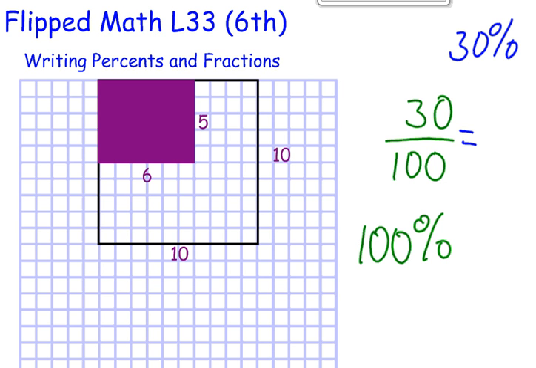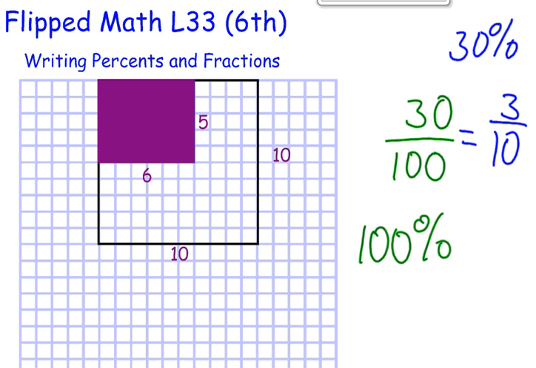Now 30 over 100 could definitely be reduced, and we can reduce it by 10 to start, and that's going to get us to 3/10. So in the end, 30% is the same as 3/10.